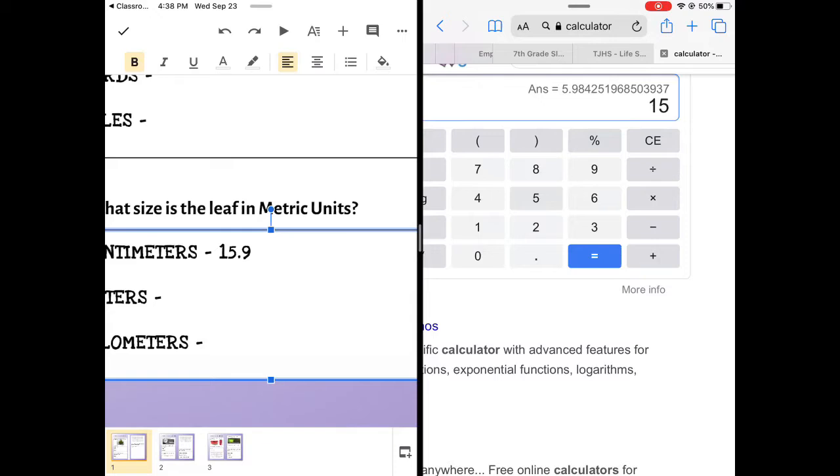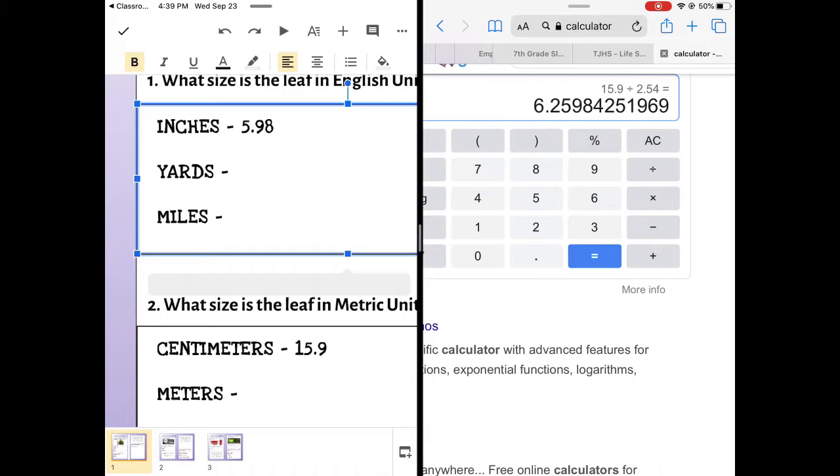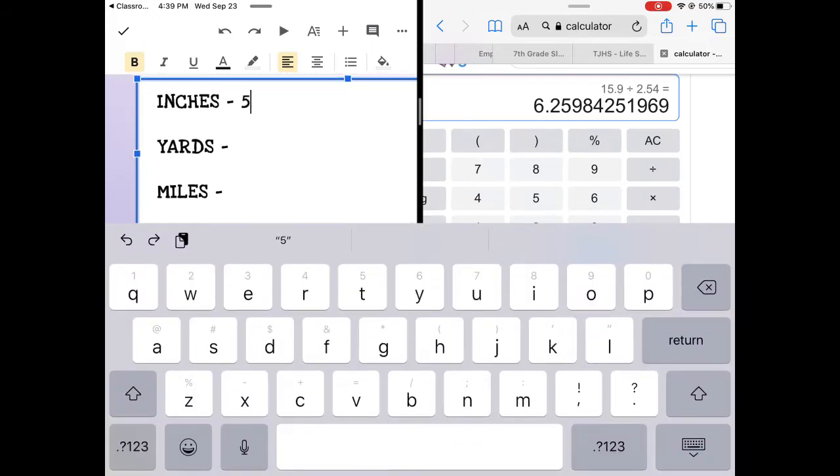So 15.9, and I can divide that by 2.54 centimeters per inch, and I get 6.2598 and so on. So I'm going to round that to 2 decimal points. I'm going to call it 6.26 inches.